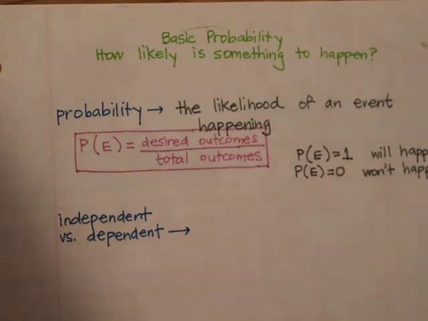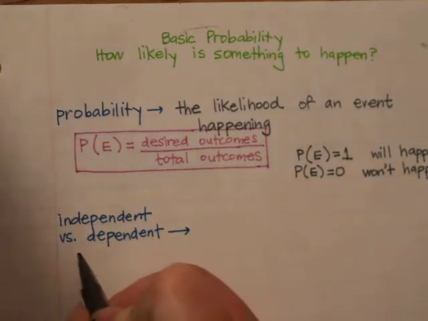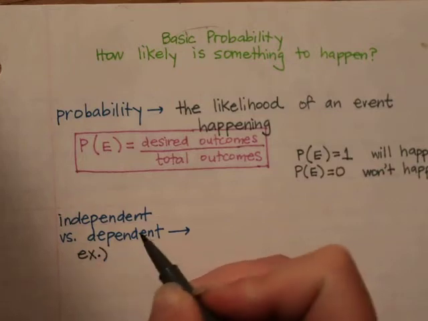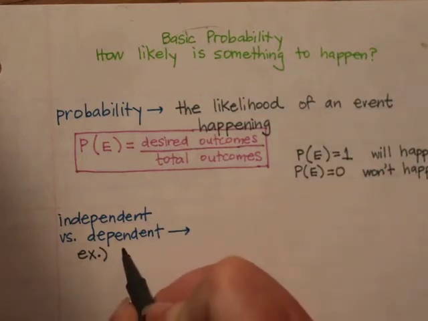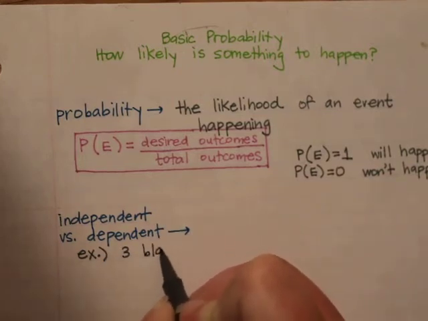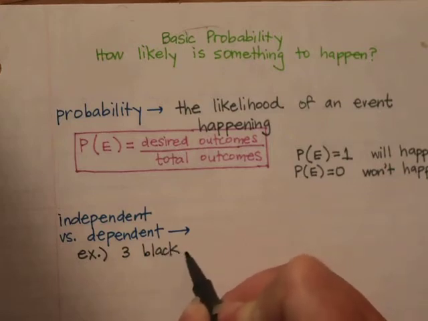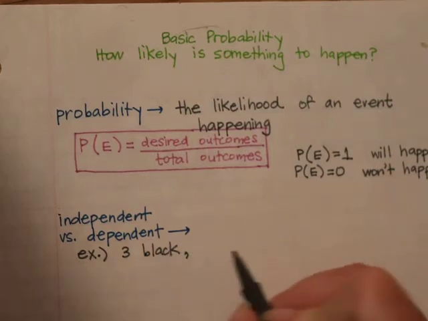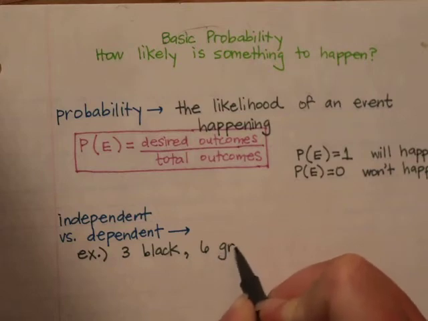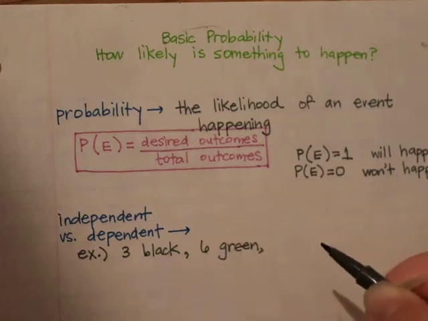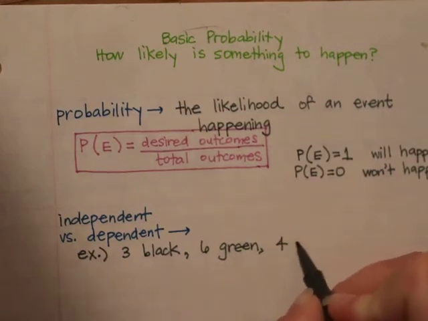Here's my favorite example of that, and it uses the phrases with replacement or without replacement. So I'm going to look at an example. There's 3 black marbles, 6 green, and 4 yellow.